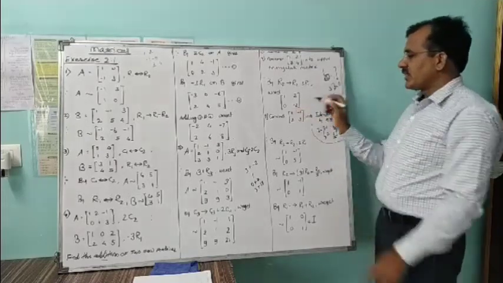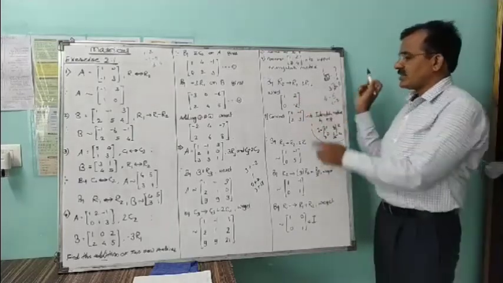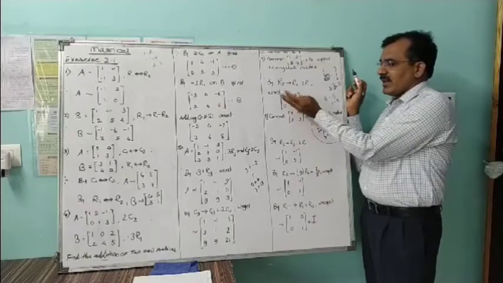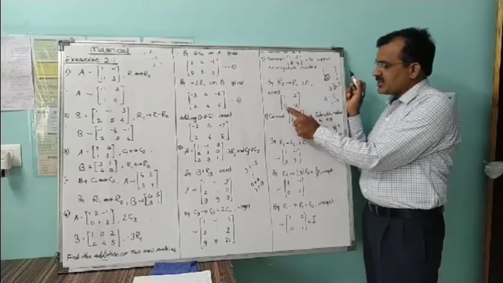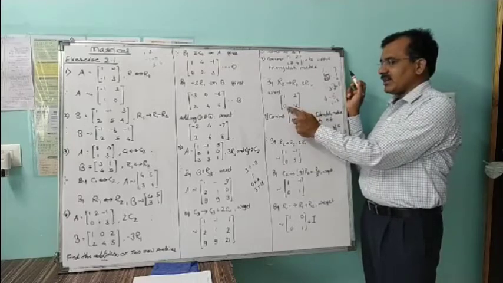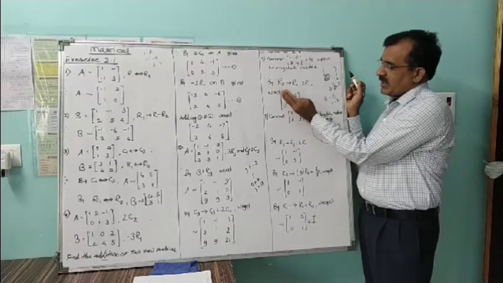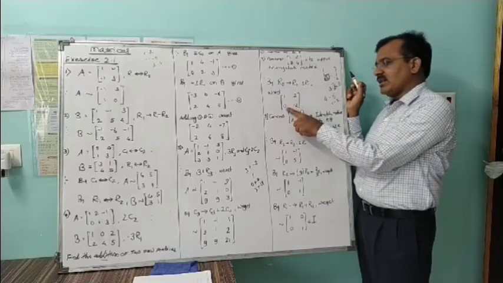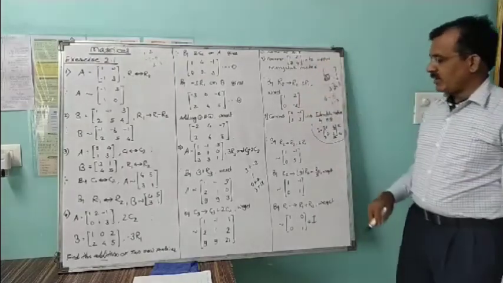Our target was to get the matrix into an upper triangular matrix. Here we can see the element below the diagonal is 0. Only one element is there, as in a 4 element matrix we are having only one element below the diagonal. That's why we can say the matrix is converted into an upper triangular matrix.